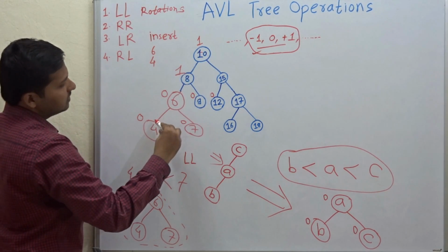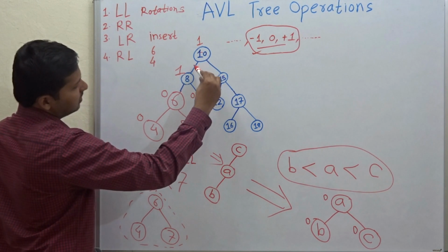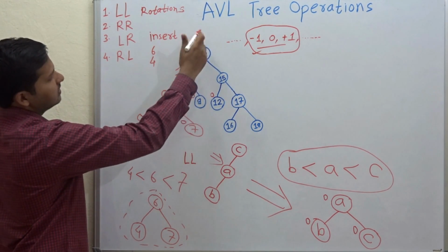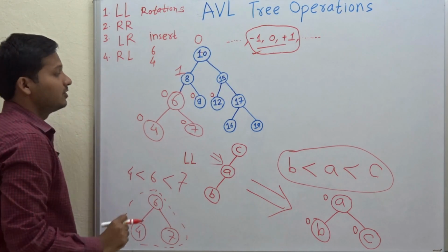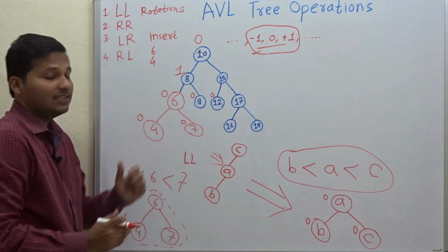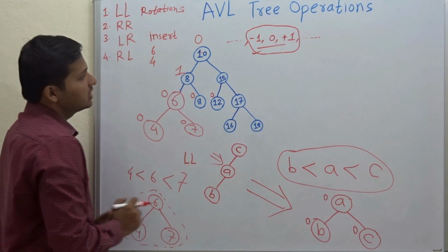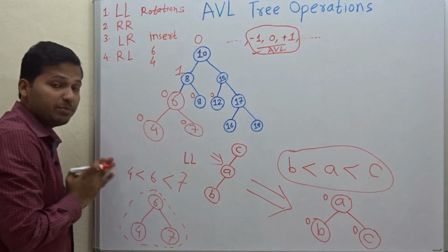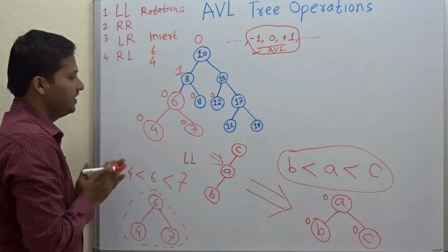And for 10, see here, 3 minus 3, so that will become 0. So now all the nodes in this binary search tree satisfy the property of AVL tree. So now this can be called an AVL tree.